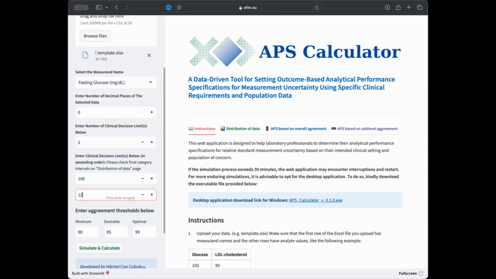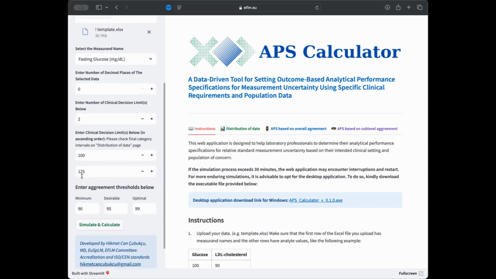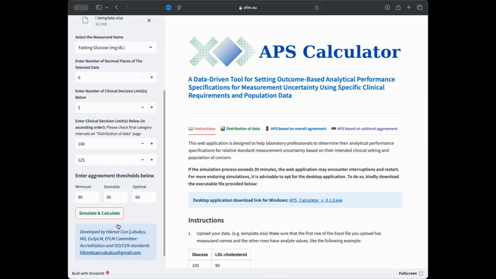So I have to keep it as 125, and it categorizes higher than 125 as the final category. And afterwards, I have to enter the agreement thresholds right here for minimum, desirable, and optimal agreement levels. These are quite arbitrary values, and you can also change these values according to your own intentions.